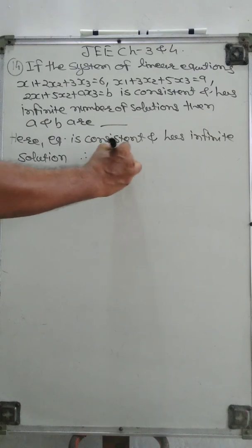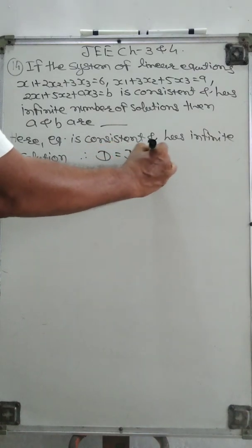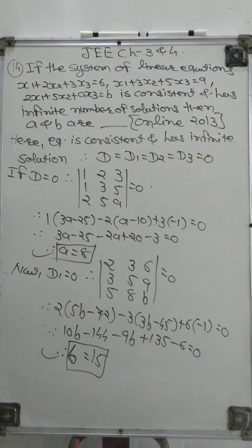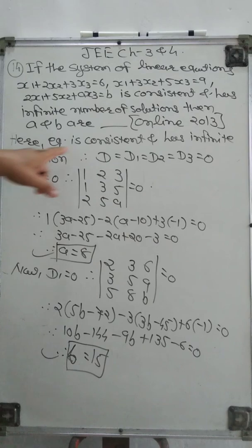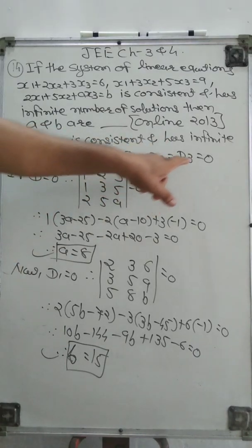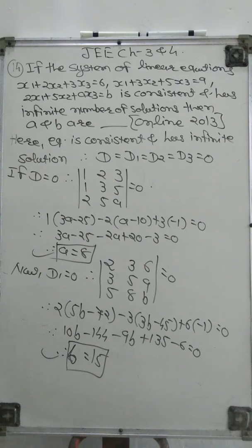Since the equation is consistent and has infinite solutions, we can say that D equal to D1 equal to D2 equal to D3 equal to 0. Now if D equal to 0, then the determinant of the coefficients of x1, x2 and x3 is equal to 0.